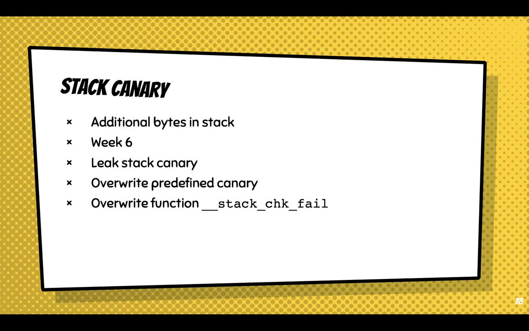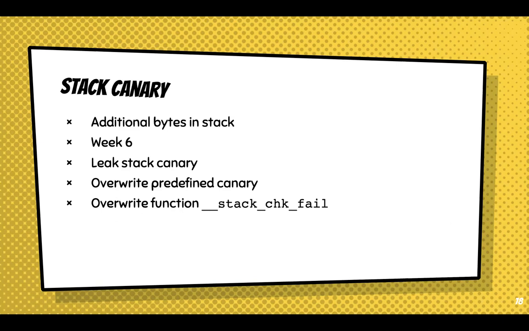And we mentioned 3 ways to mitigate the stack canary. One is to leak the value stored in the stack canary, so that you can overflow it and overwrite it with the same value. The second is to overwrite the predefined canary.